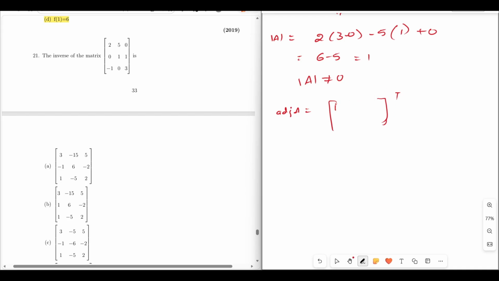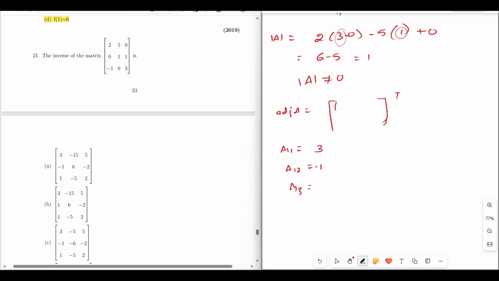So first cofactor A11. How do you find it? Just this part. You'll get this part as the answer, A11, which is 3. And then A12 is equal to, again, you'll get the answer as this part, which is 1. And A13 is equal to 0 plus 1.